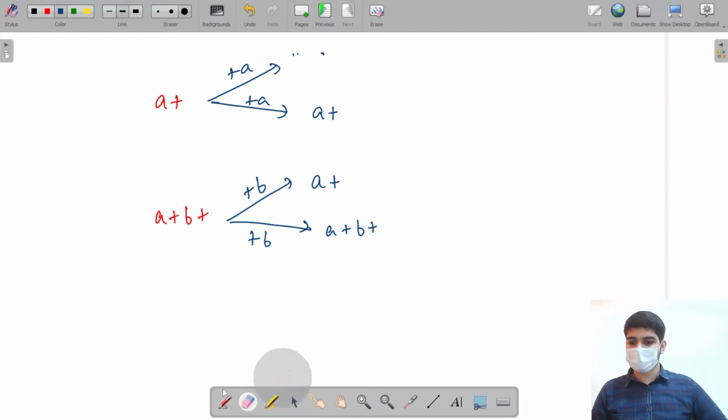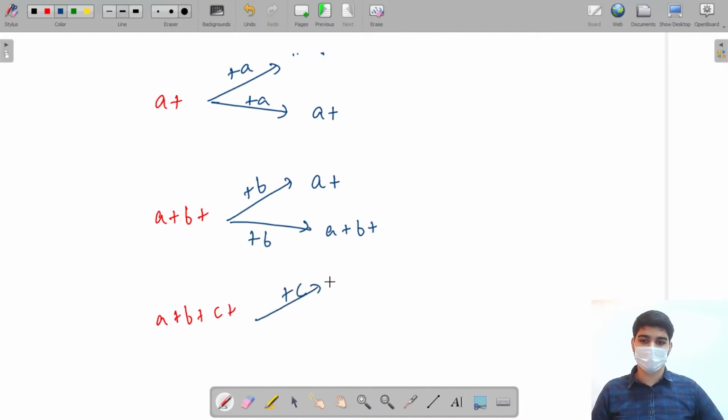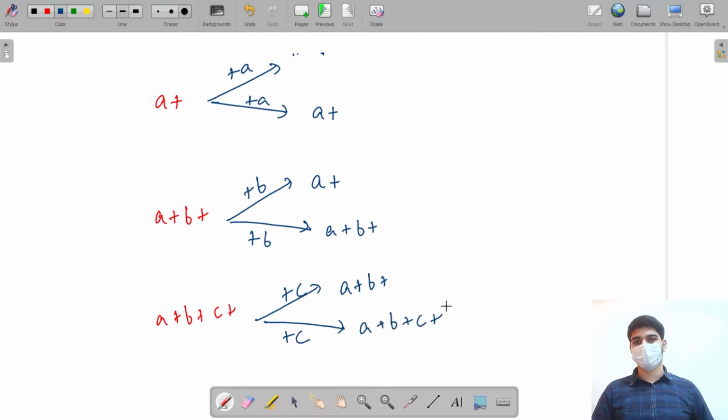So in a similar fashion, let's discuss A plus B plus C plus, right? For A plus B plus subsequence, I have to add C. I can add C at the end of either A plus B plus, or I can add C at the end of A plus B plus C plus. If I have A plus B plus, I can add just a single C and convert it into A plus B plus C plus subsequence.